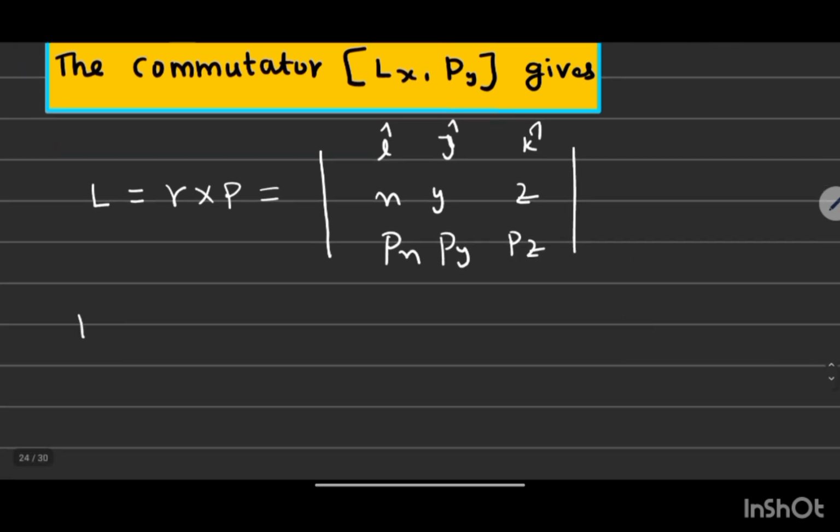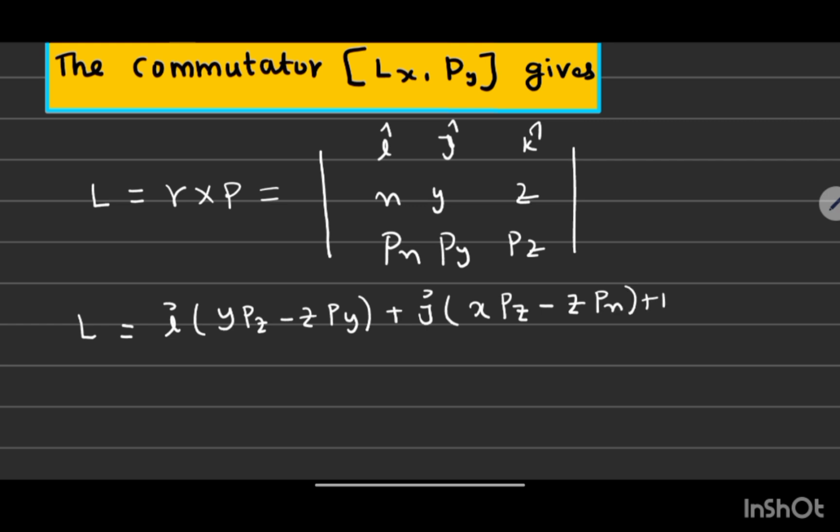So the x component is i times (y pz − z py), plus j times minus (x pz − z px), and I am including the minus sign here itself, plus k times (x py − y px).